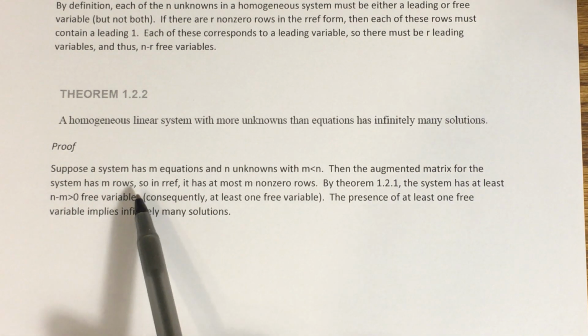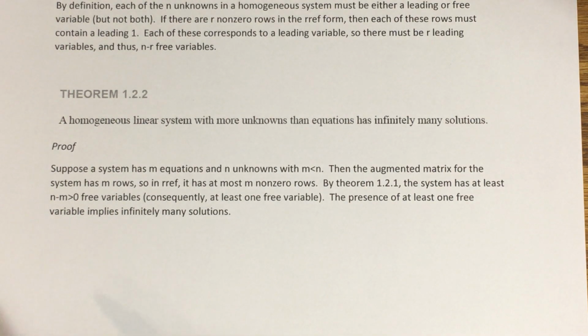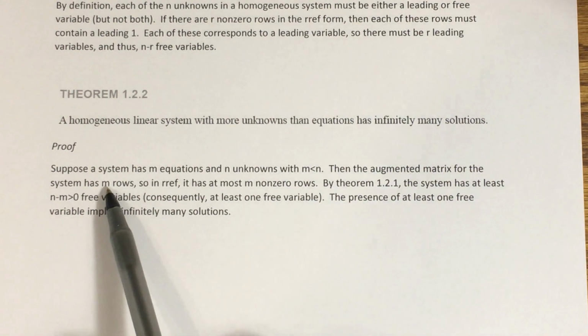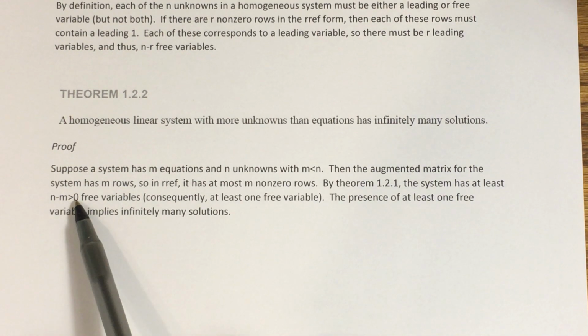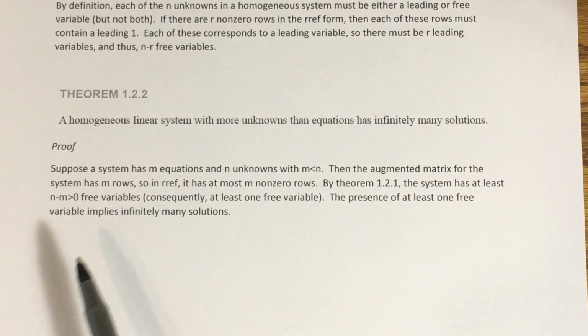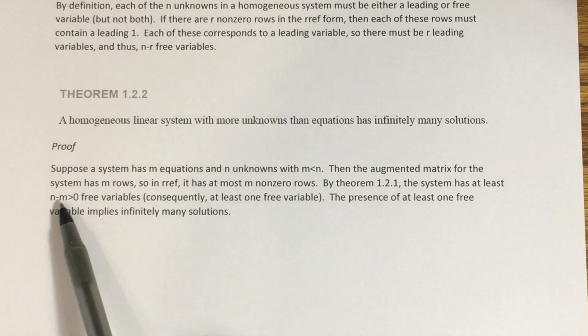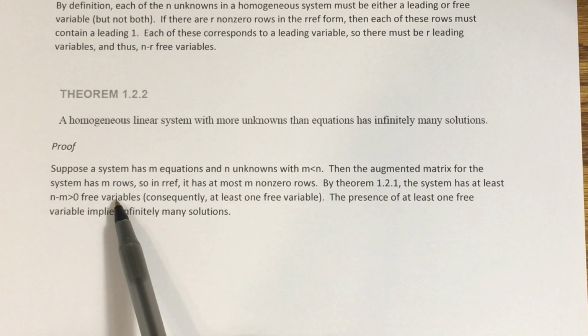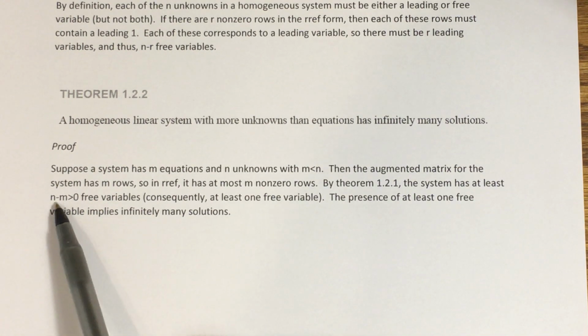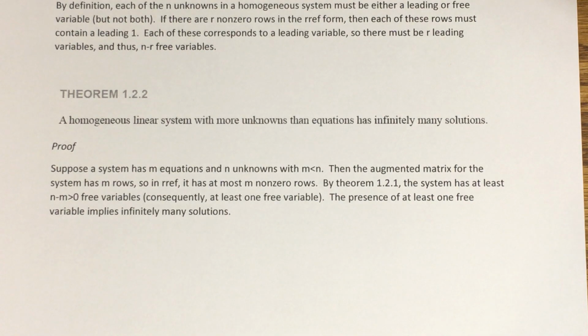Now, if we had less than m non-zero rows in our reduced row echelon form, this would still be true because the number of leading variables would be smaller and n minus m would still be positive. So regardless of the number of non-zero rows we have, we will always have at least one free variable. At least one, because the number of free variables has to be positive.